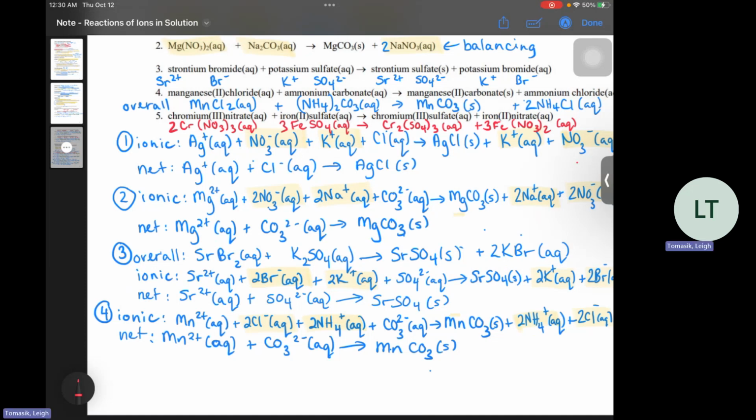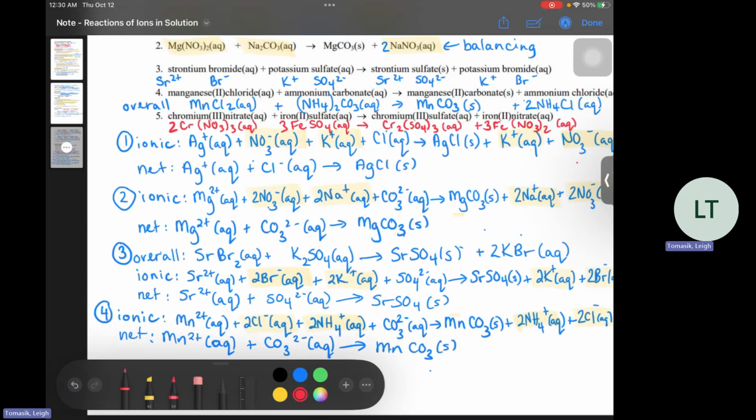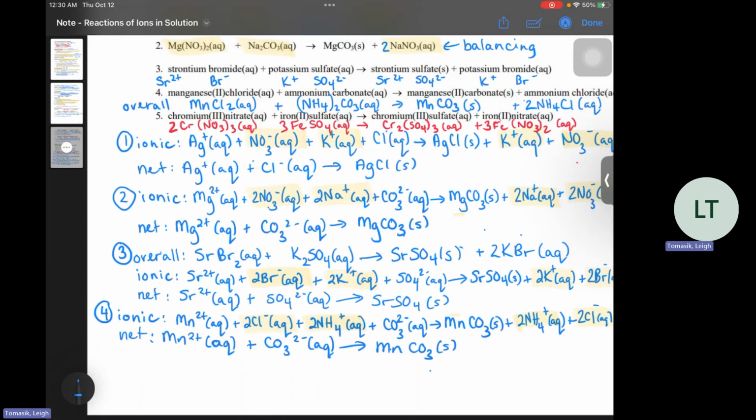Okay, so question 5. We're going to come up with the ionic. This is going to be a doozy. So our ionic. Okay, we have 3 plus, right? Because it is, after all, chromium.